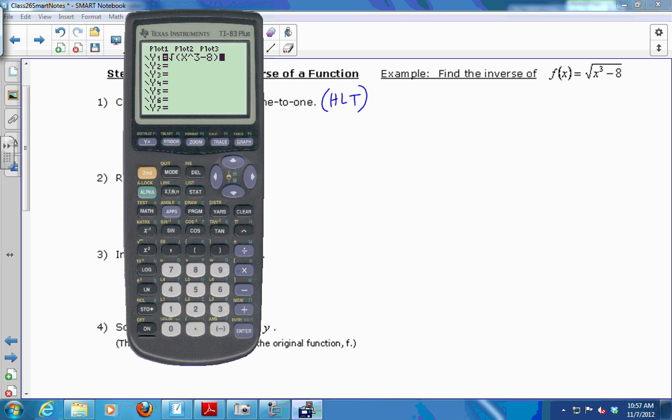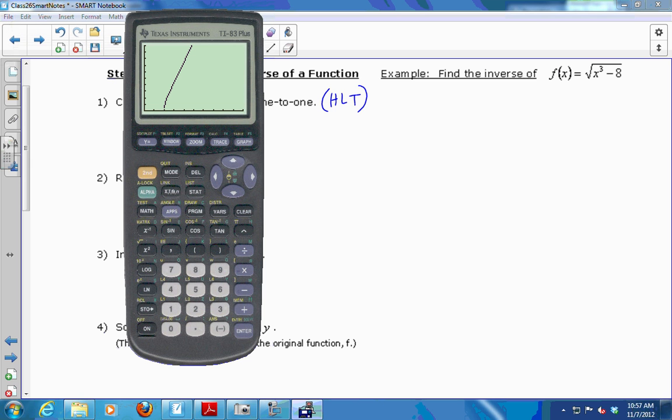I'm not really sure what a good window would be, so I start with this. And I can't see that much. So there's nothing over on this left side, so I'm going to change the window so that it goes 0 to 10. And there was nothing negative in y either, so I'll go 0 to 10 there. That's better.